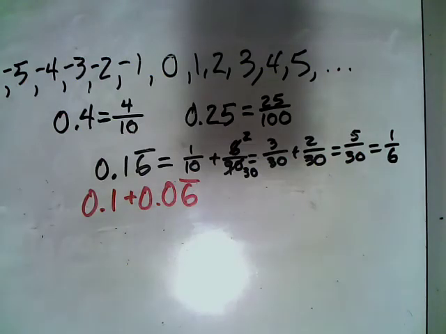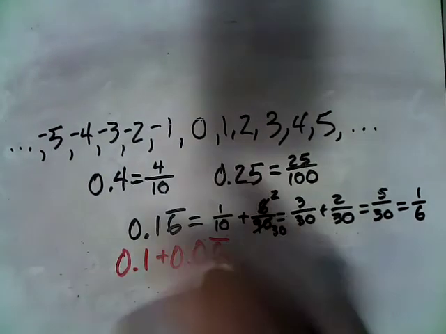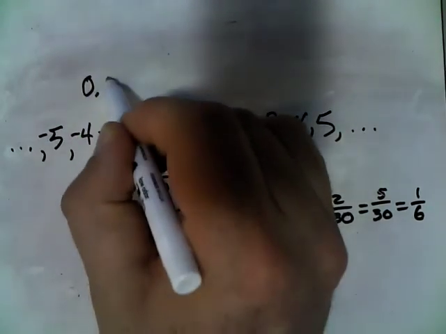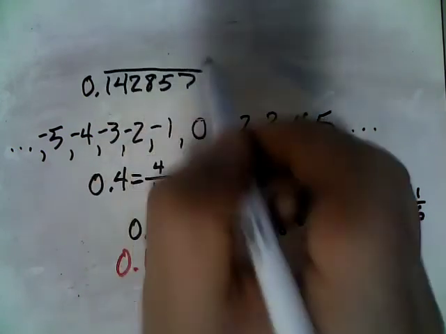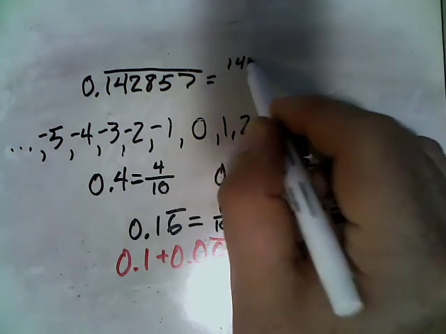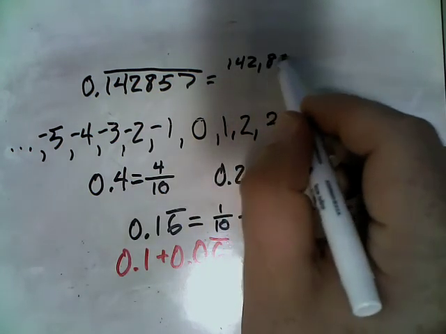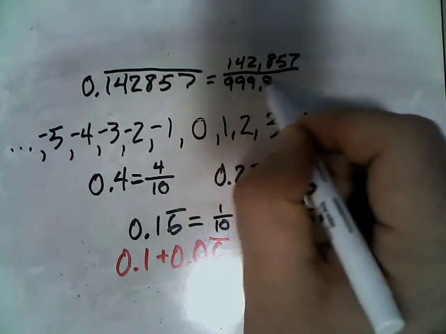And just real quick to illustrate that point, if I were to give you the repeating decimal 0.142857 repeating, well, this would be 142,857 over, and there are 6 digits repeating, so 6 nines on the bottom.